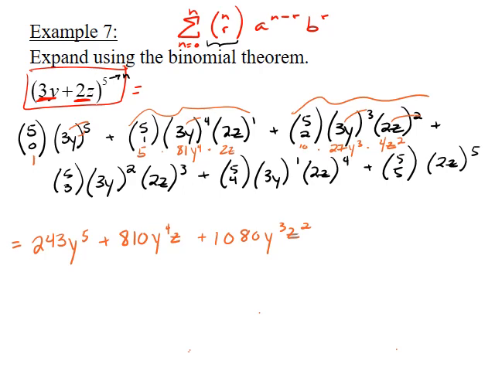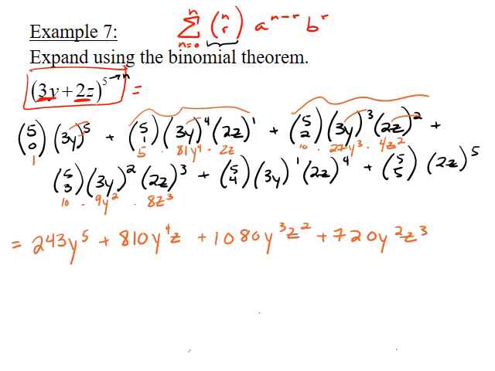Onward, 5 choose 3 is 10. 3 squared is 9 y squared. And 8z cubed. Multiplying those, we get 720 y squared z cubed.